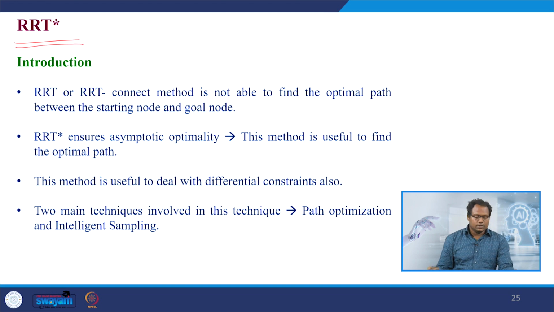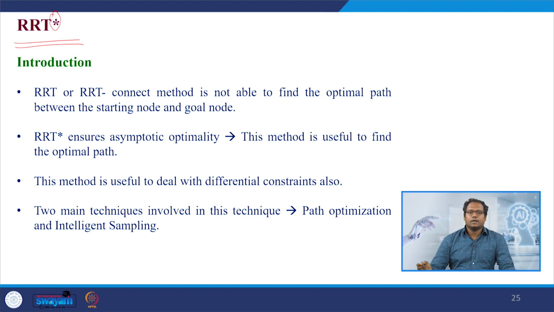As I indicated, the star is meant for the optimal path. The introduction to this RRT star is such that both RRT and RRT connect methods are not able to find the optimal path between the starting node and the goal node.